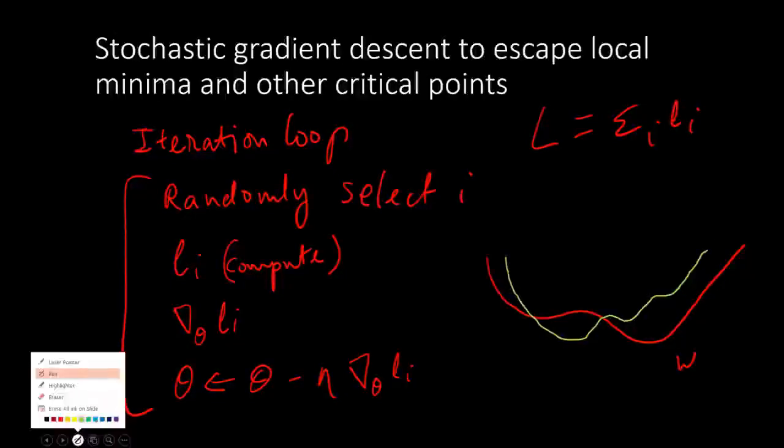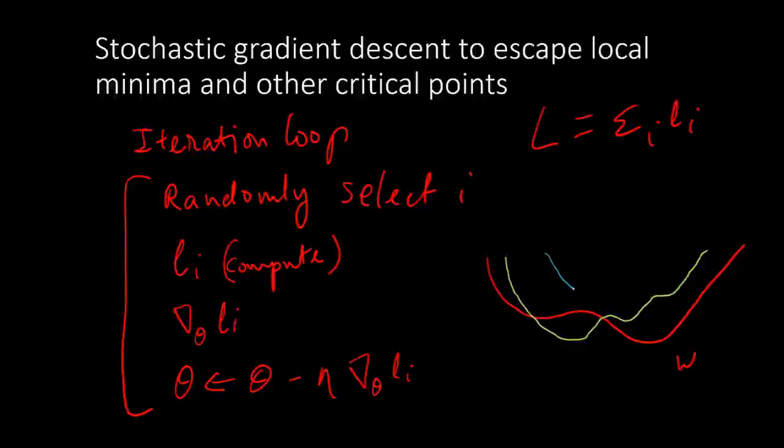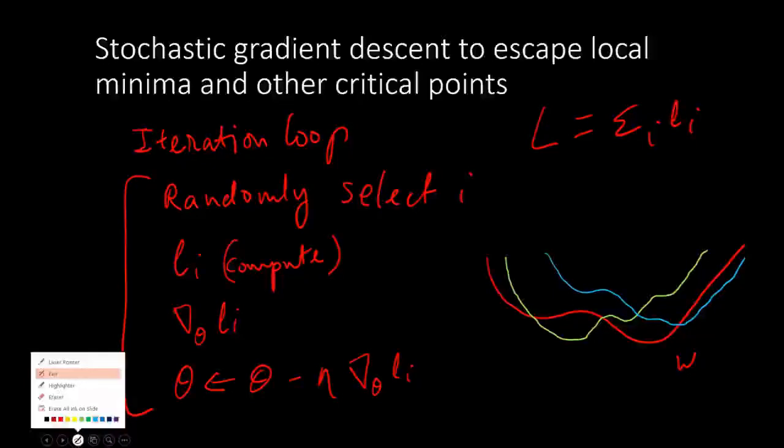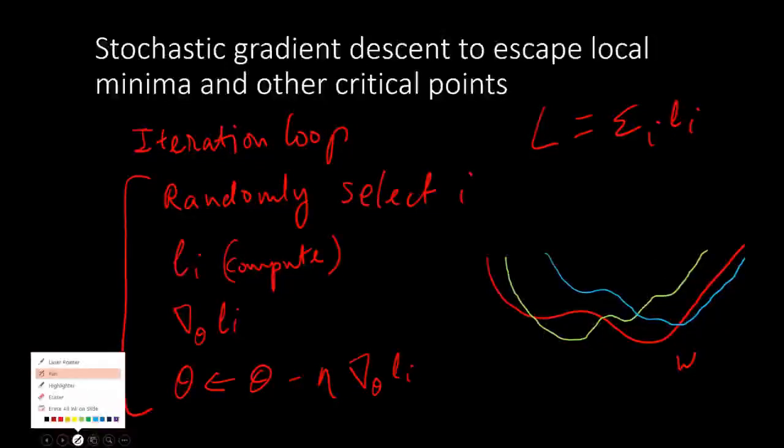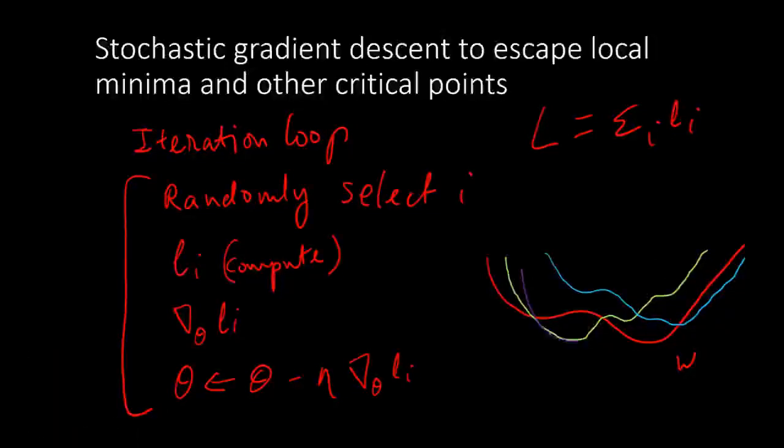Okay, so these different losses are drawn with different colors. So the average of all the colors is the red color.